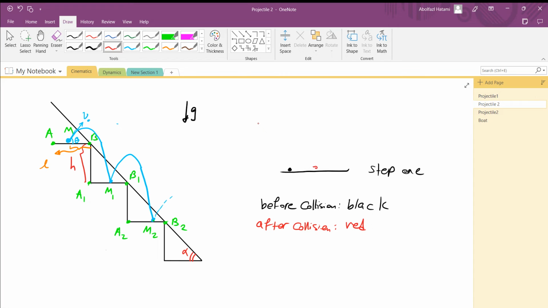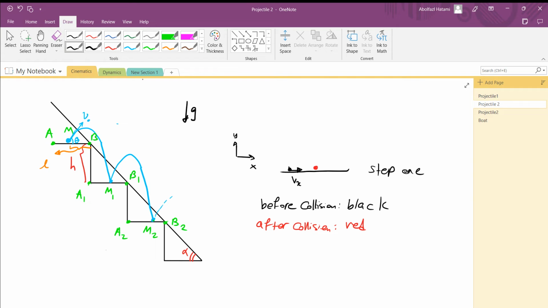Actually, there isn't any distance between these two balls. They are in one place, but I draw it like this for you to understand it better. Consider that this ball is before collision. It has a velocity vx in the horizontal direction, the x direction. This is x and this is y.